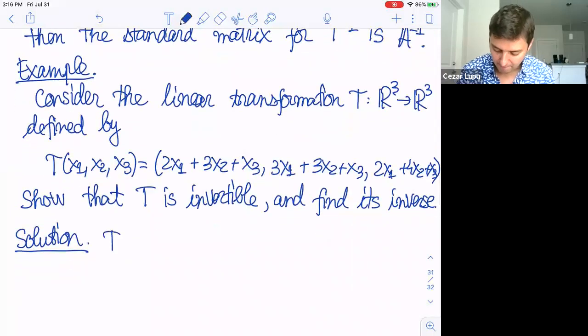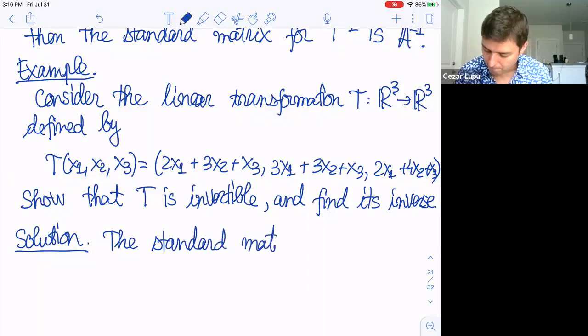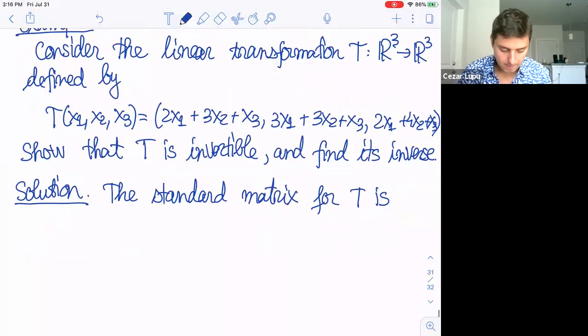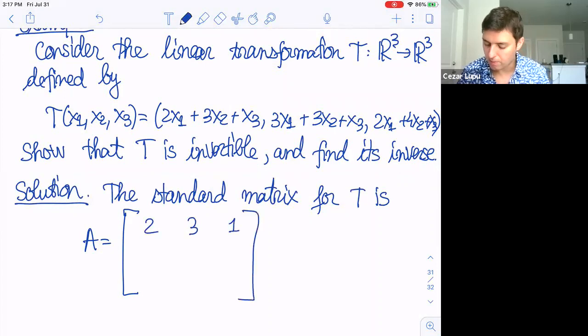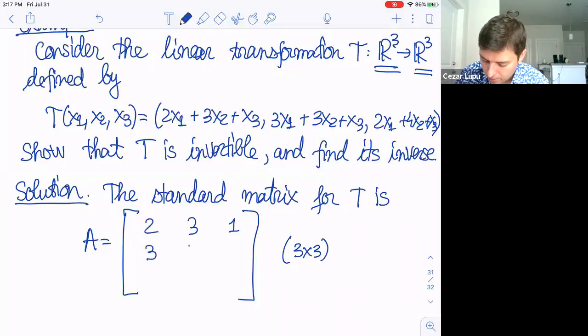So the standard matrix for T is given by, let's say A will be this matrix, 2, 3, 1, 3, 3, 1, 2, 4, 1. It's a 3 by 3 matrix, let's keep that in mind because my linear transformation goes from R3 to R3.